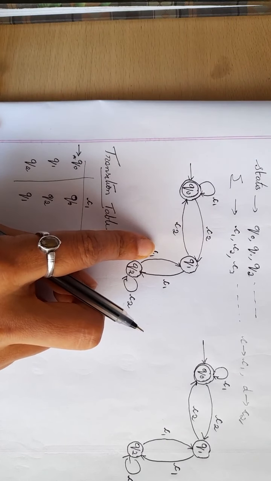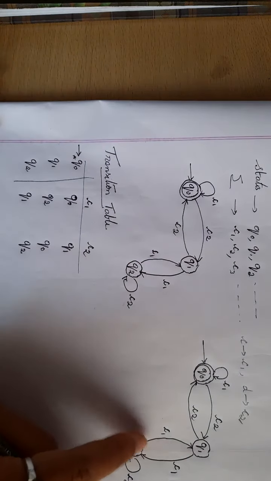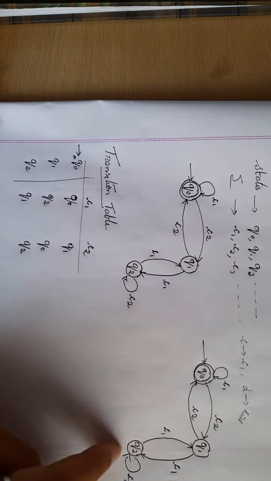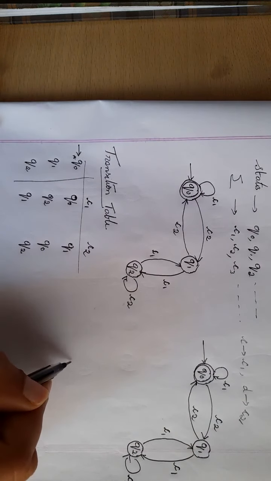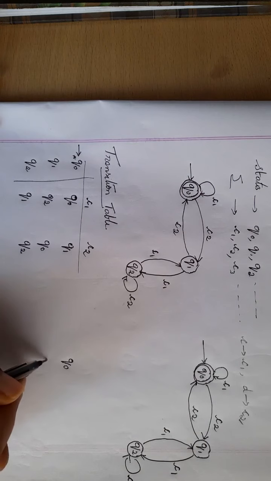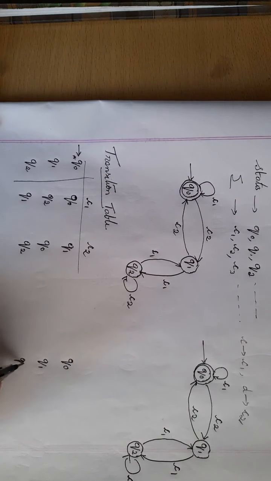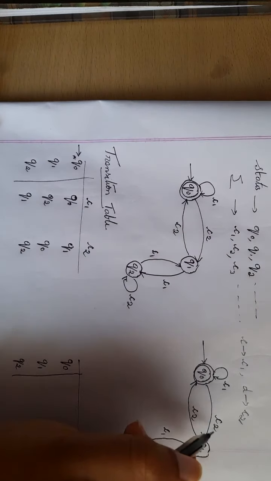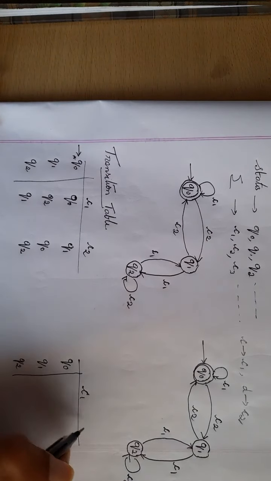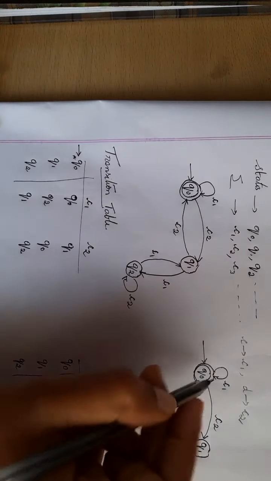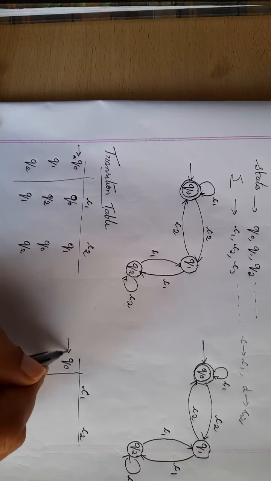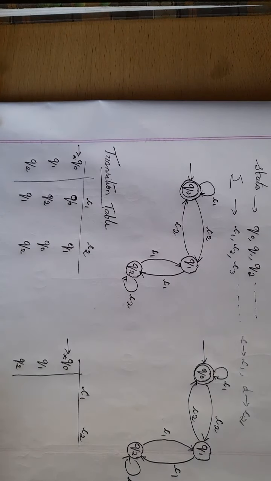Now we shall write the transition table for the other one also. Here also you have 3 states, Q0, Q1, Q2. Alphabets are C1 and C2. In this transition diagram also, Q0 itself is the starting state and the final state.